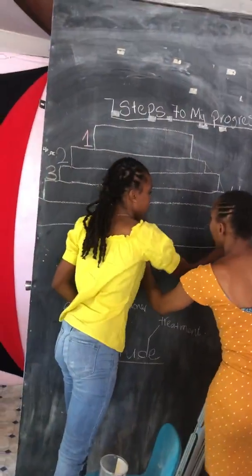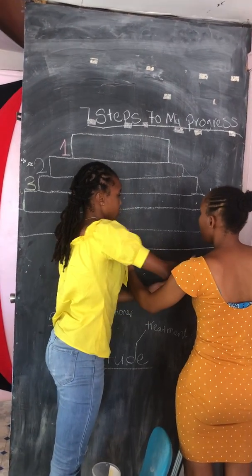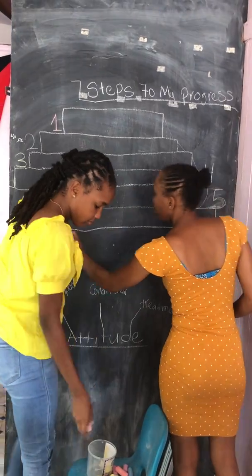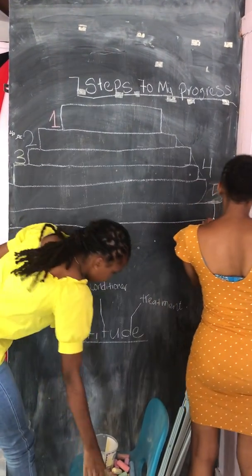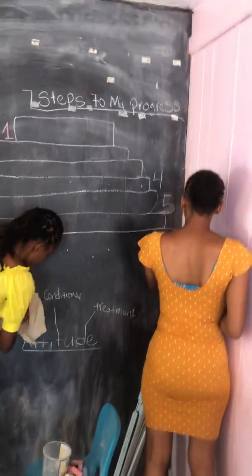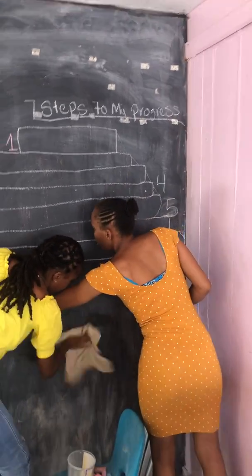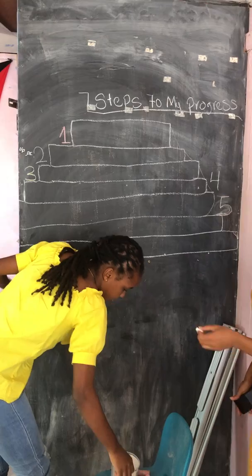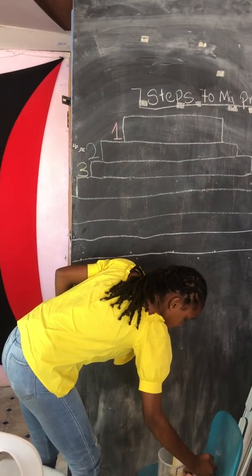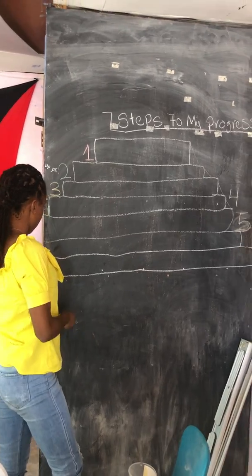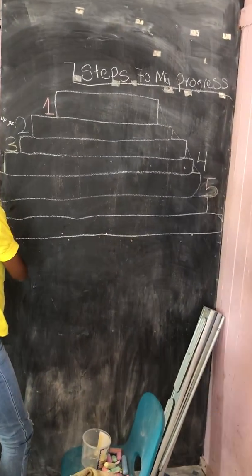So this is how you start developing your plans and your teaching materials for a life coaching session. So if your topic is 7 steps to my progress, and you want each student to make it personal, that's why we're using the word my. So you're going to have a diagram of steps.